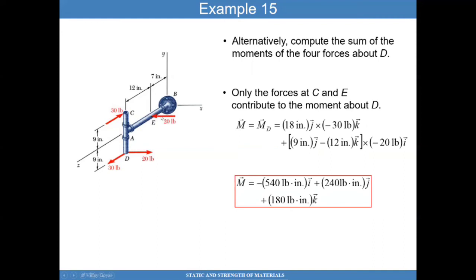So one way is to take the moments about D. And if you take moments about D, what happens is that these forces don't contribute to any moment about D because they go through the line of action of D. And so their line of action goes through D. And so all you're left with is this force and that force, and calculating moments about D should be simple. And here you see the answer for this problem.